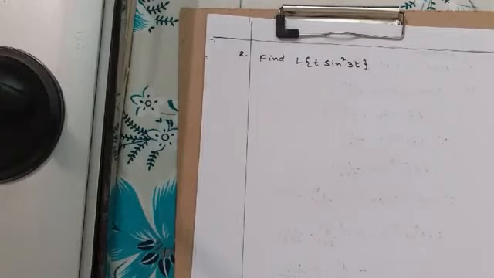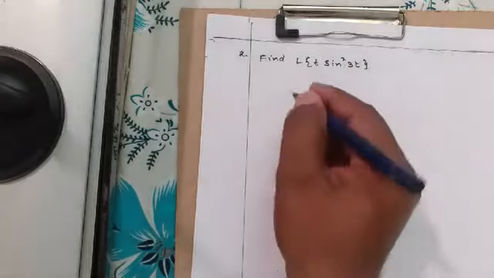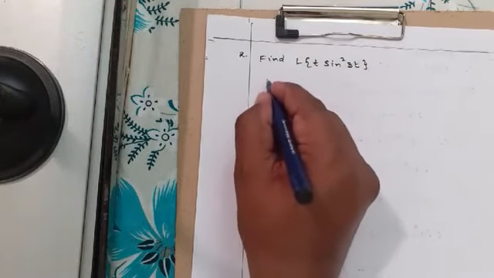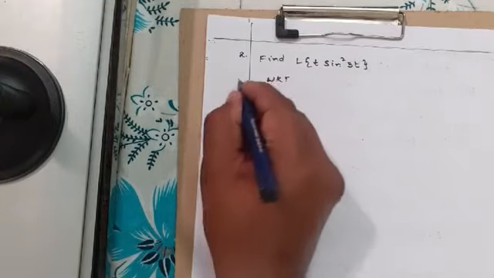Now I'll give you a hint. It is helpful for you. If you do this as homework, then it will be better for you. I'll give the hint for this.